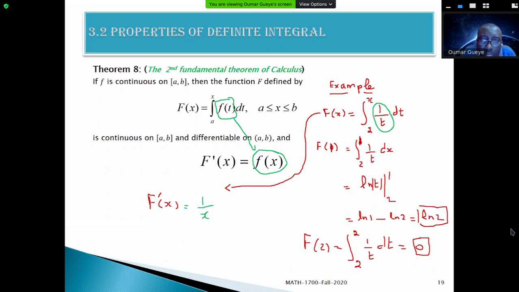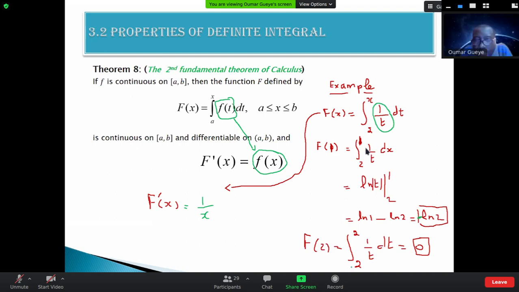In the example, on the fourth line, there is a minus ln 2. Pardon? On the fourth line of the example, the result is minus ln 2 or ln 2? Yeah, minus. You're right. The minus sign is missing here. ln of 1 is 0 minus ln 2, so you have minus. And the second line, is it dt or ds? 1 over t dt or ds?